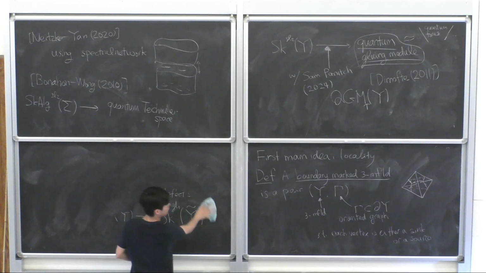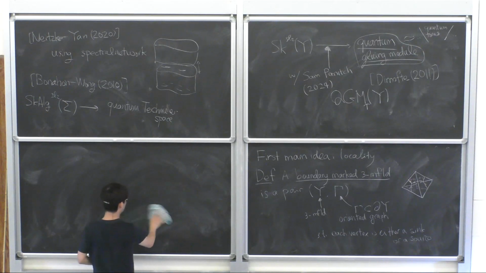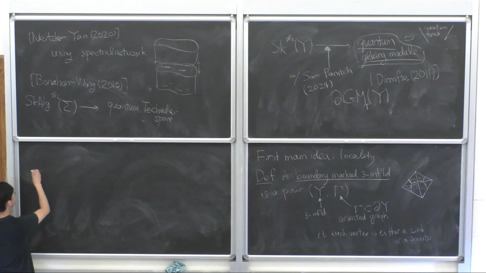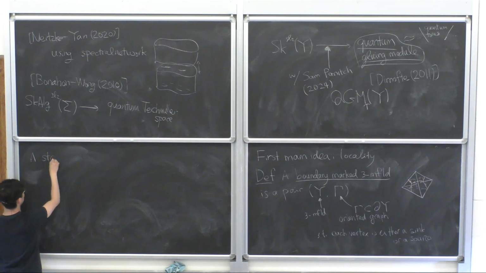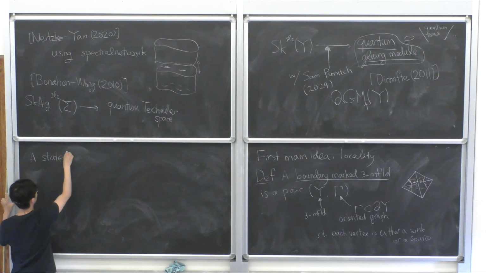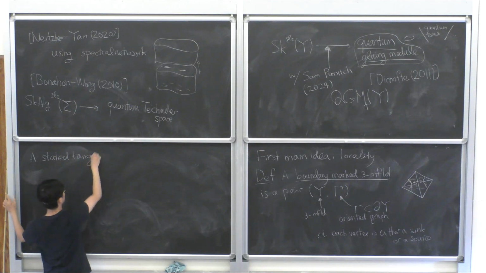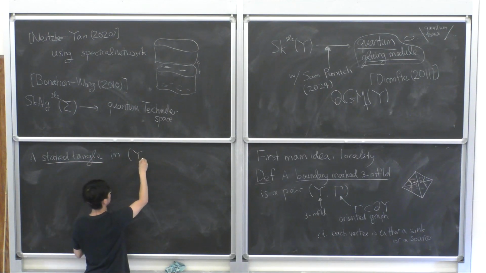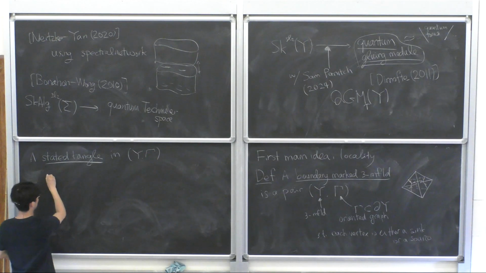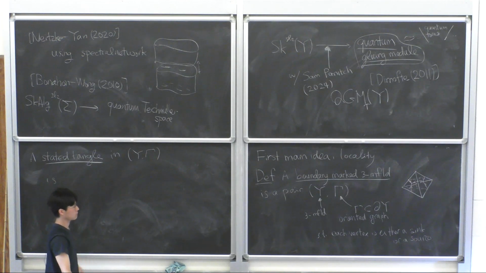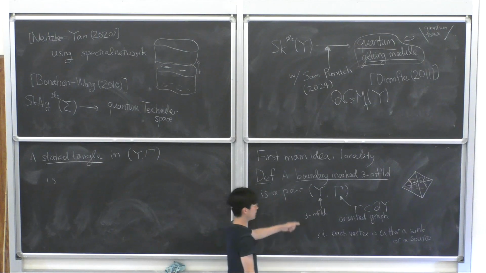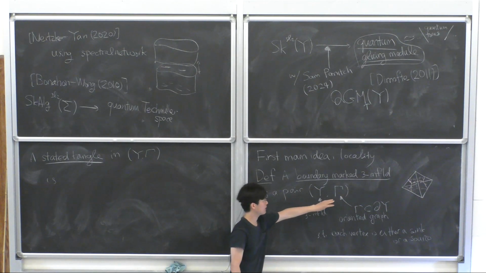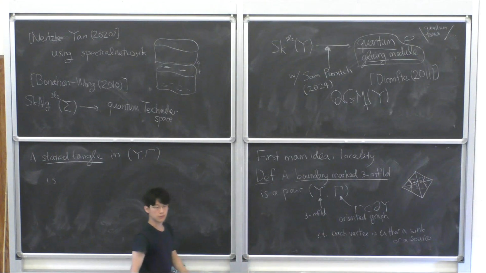Given a boundary marked three-manifold, a stated tangle in a boundary marked three-manifold is a tangle inside Y whose boundary points must lie inside this graph gamma.